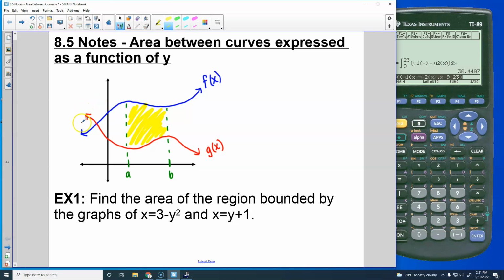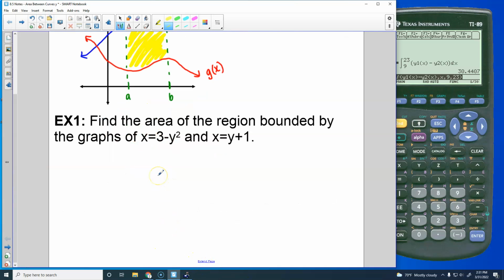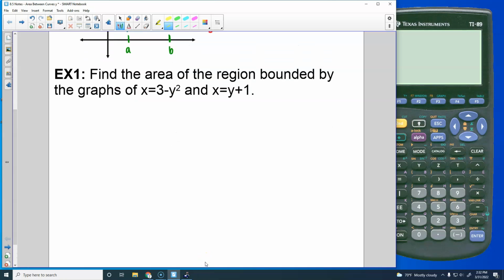But today we're going to see something different happen. First of all, they have given us this equation in terms of y instead of x. Some of these will be completely calculator inactive. So let's think about what this graph looks like.